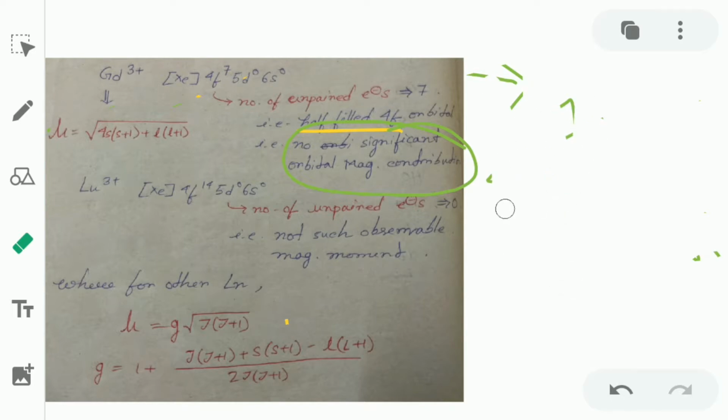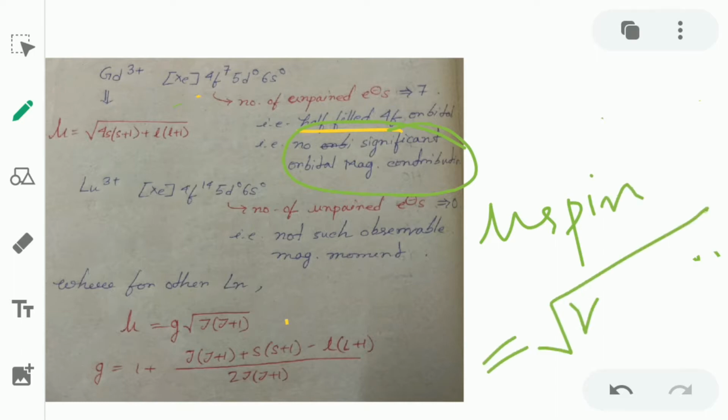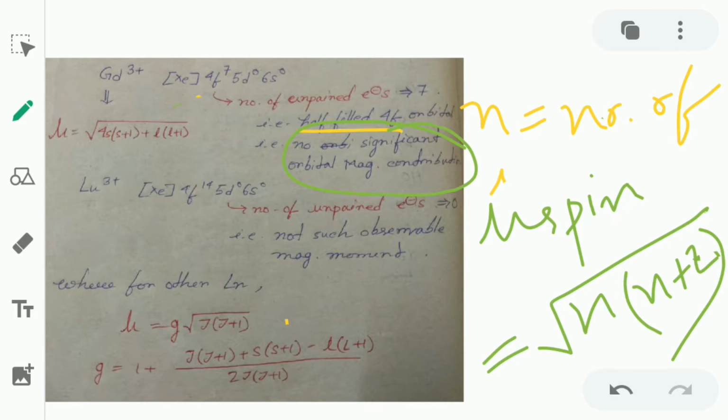That's why the observed and calculated values are equal for gadolinium 3 plus. That is nothing but the mu spin only value, that is root over n into n plus 2, where n is the number of unpaired electrons.